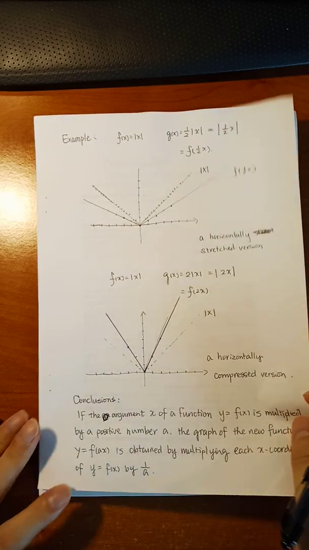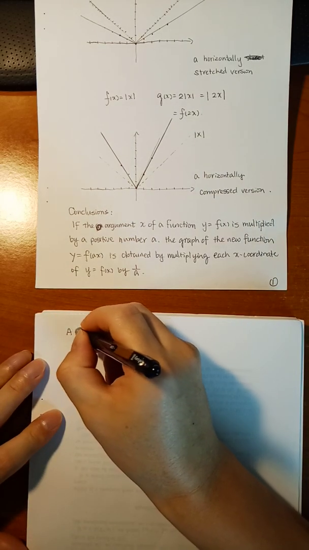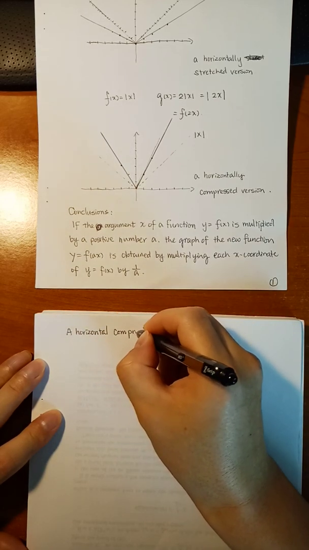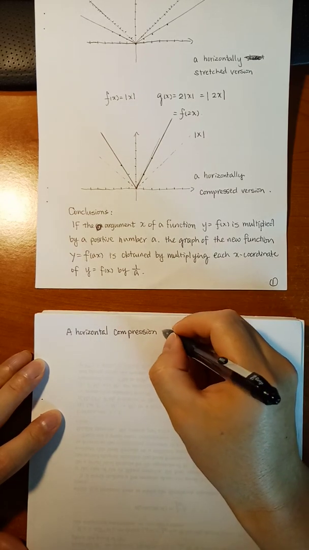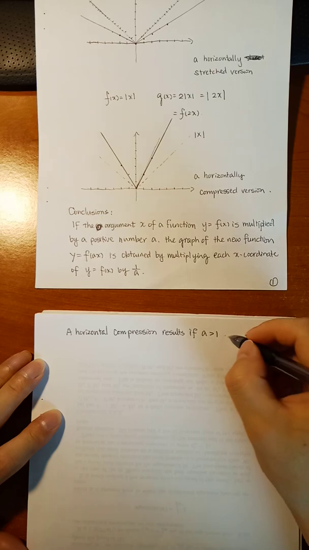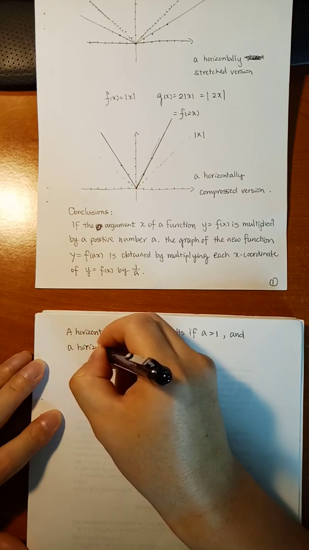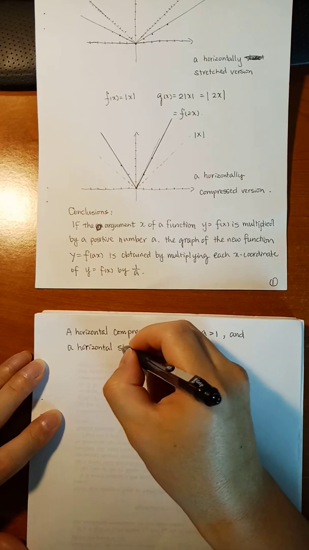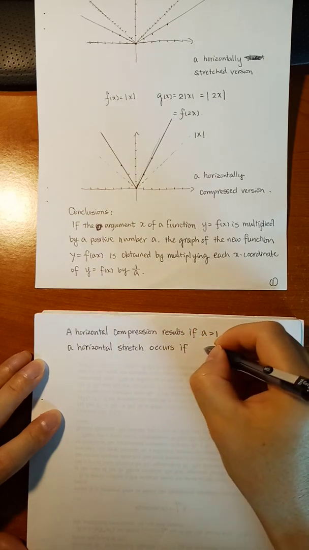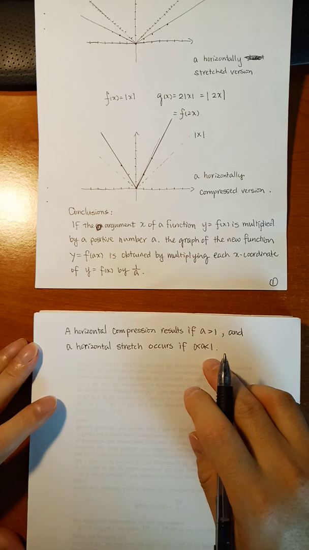A horizontal compression results if a is greater than 1, and a horizontal stretch occurs if a is between 0 and 1.